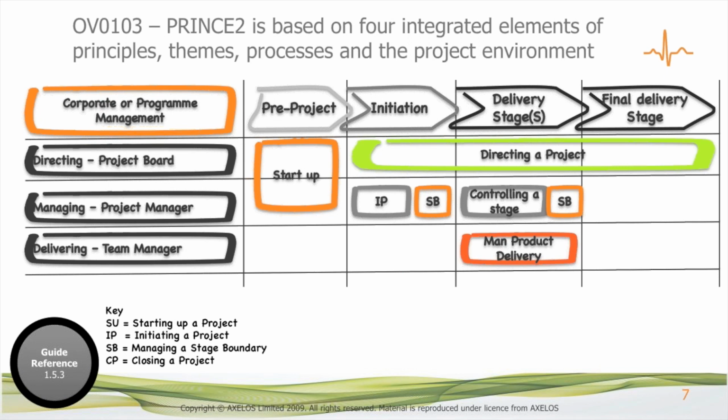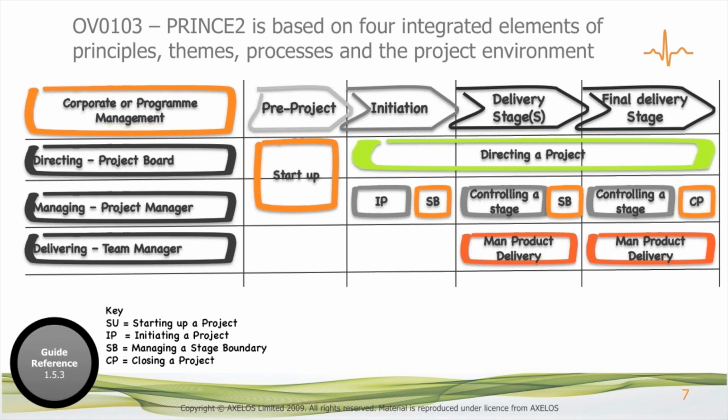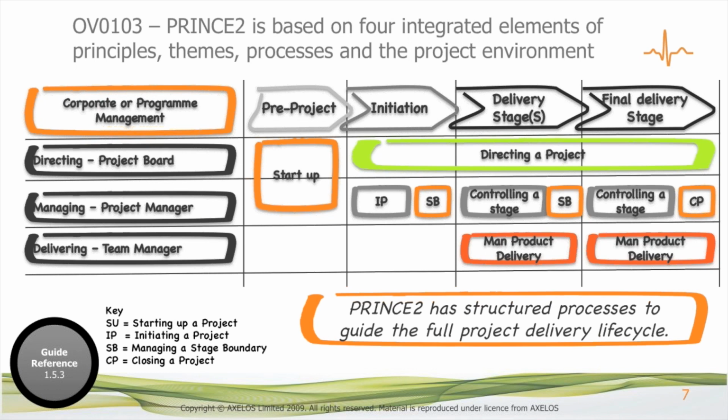It's very good practice to have multiple stages, potentially 3-month stages or less, where you're actually delivering components of the project. Once this has been run a few times, you eventually go to the final stage, and that is a particular process called closing a project, and there's particular things that you do in there. But this should be familiar to you, having done the Foundation.